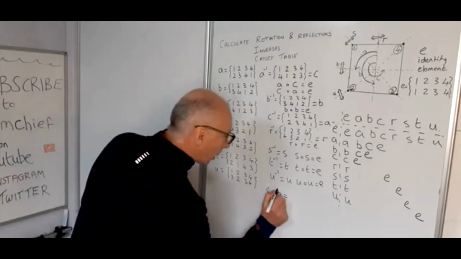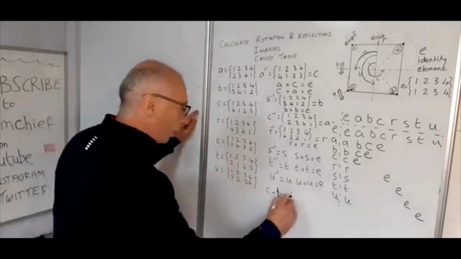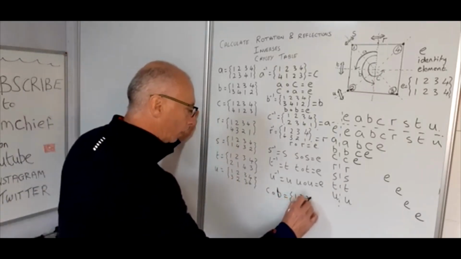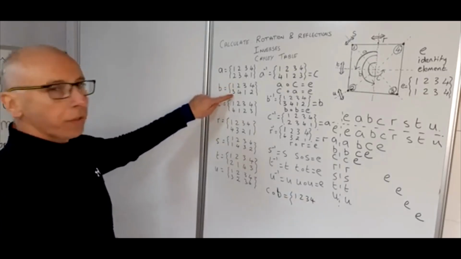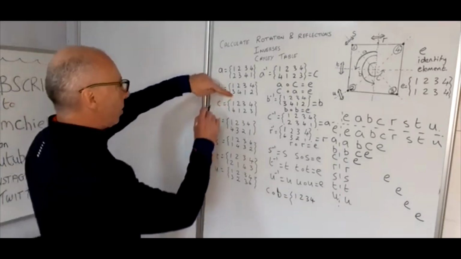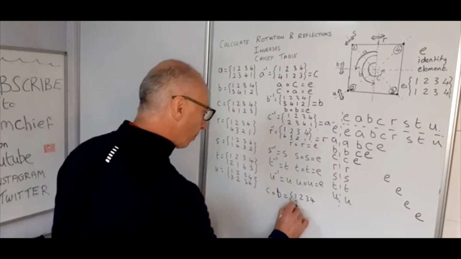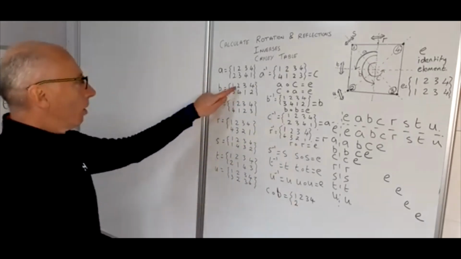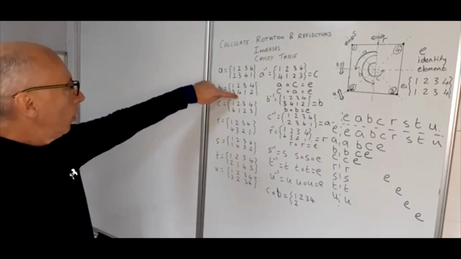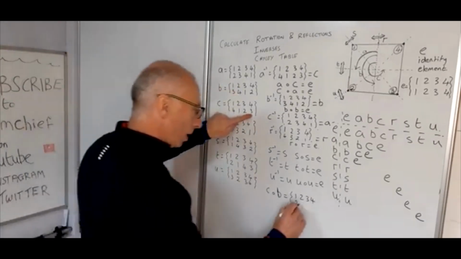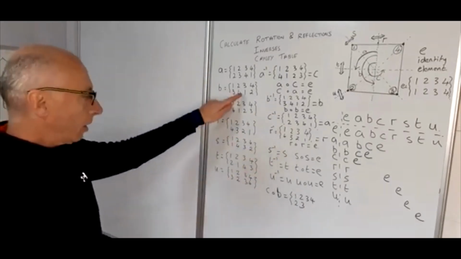So for B, for example, if we use the 1, it gives us 3, and then we're using C, which will then give us 2. The 2 gives us 4, and then 4 acting on here gives us 3. So C composite B, again number 3.